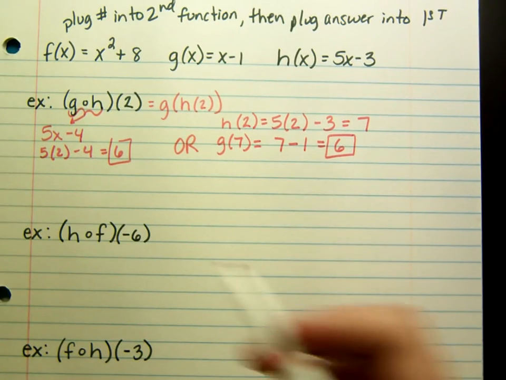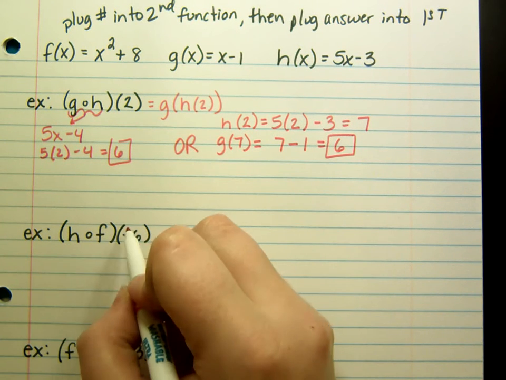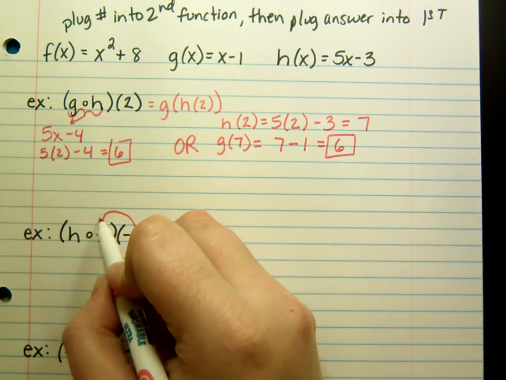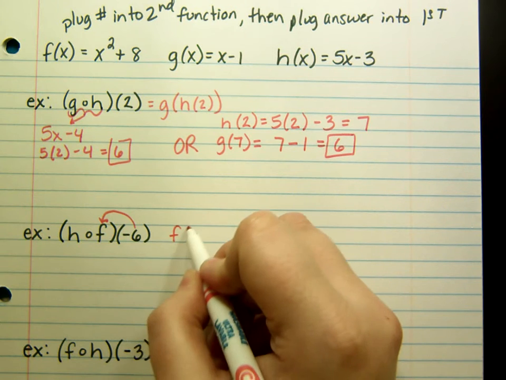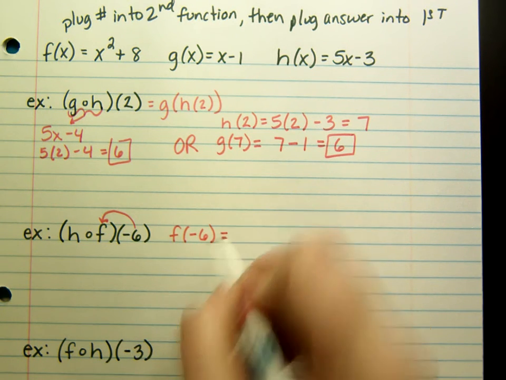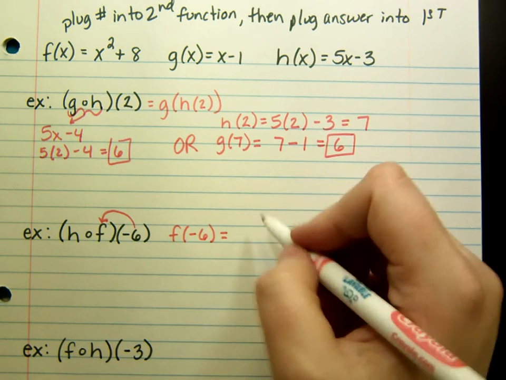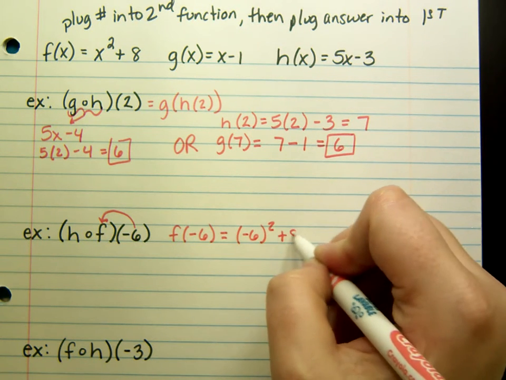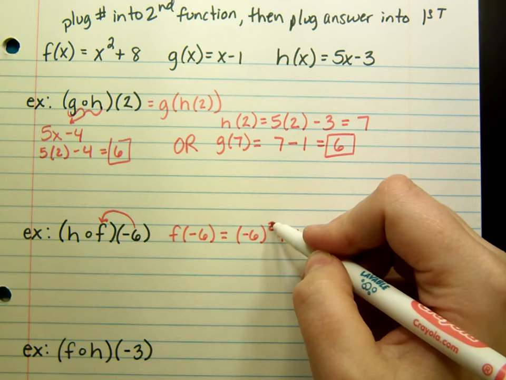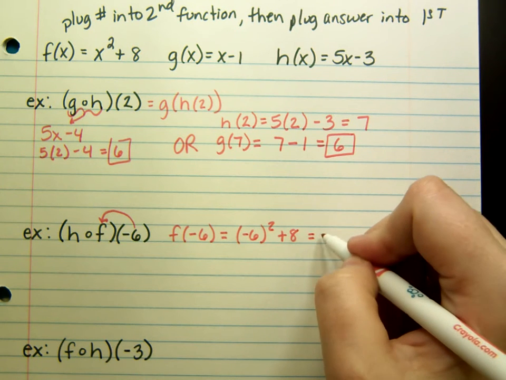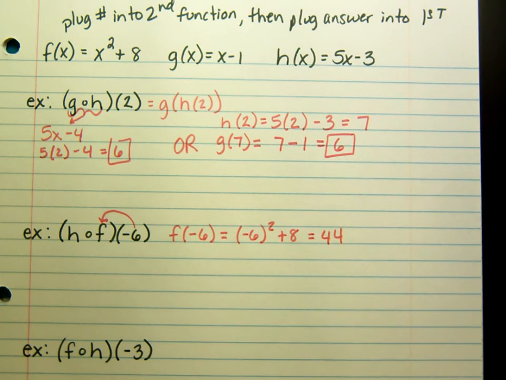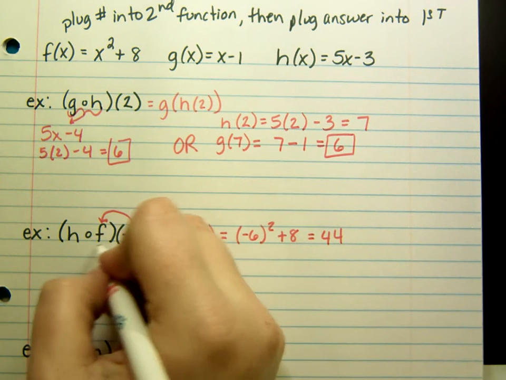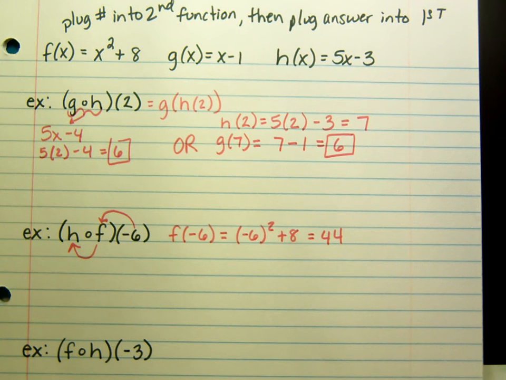Alright, so looking at another one. What I'm going to do first is I'm going to plug negative 6 into f of x. When I plug that in, I'm going to get negative 6 squared plus 8. Well, this is 36. 36 plus 8 is 44. Once you have that value, you're going to plug that value into h of x.